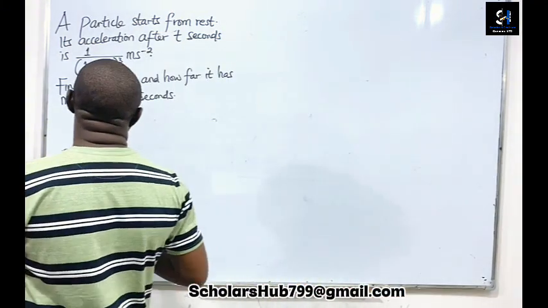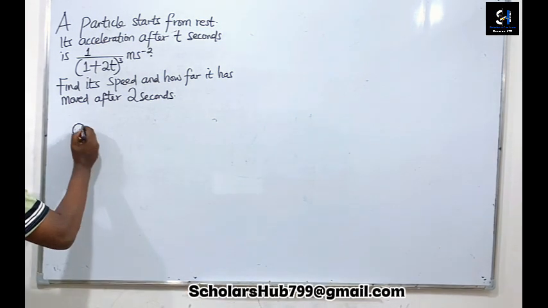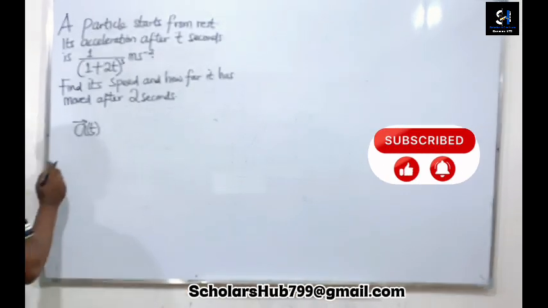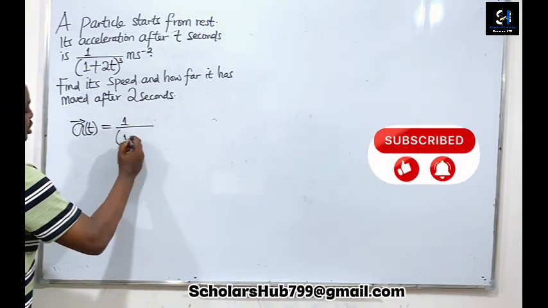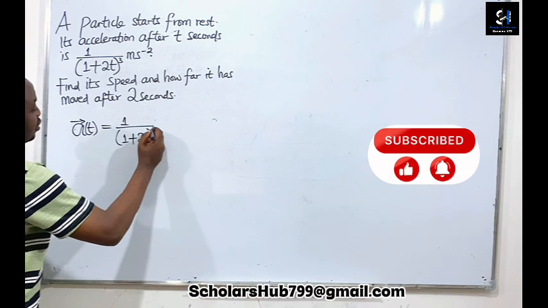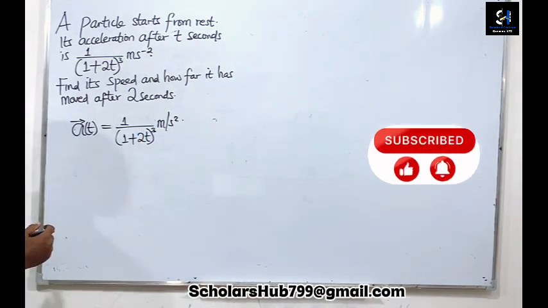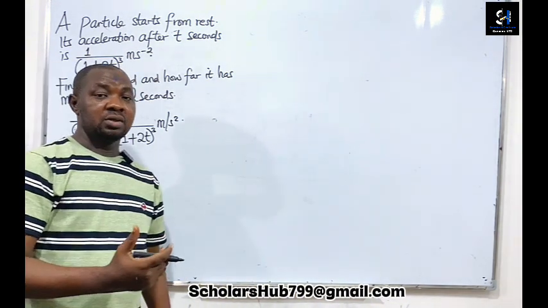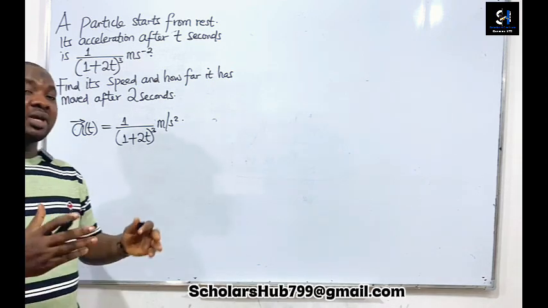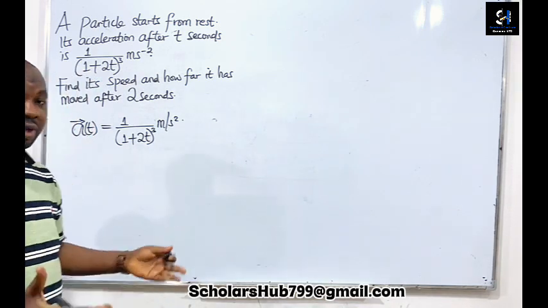So now we are given the acceleration function to be equal to 1 over (1 + 2t)^3 meters per second squared. Acceleration is the rate of change of velocity, which means acceleration can be expressed as the first derivative of velocity with respect to time.